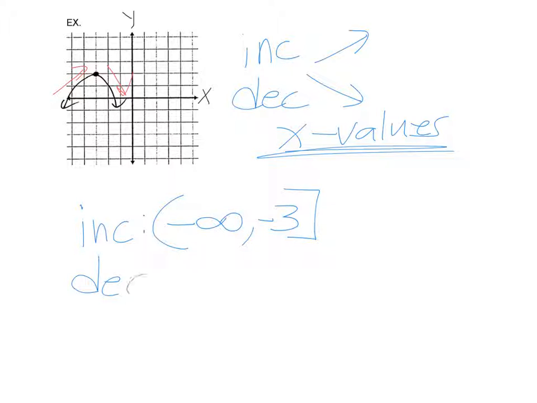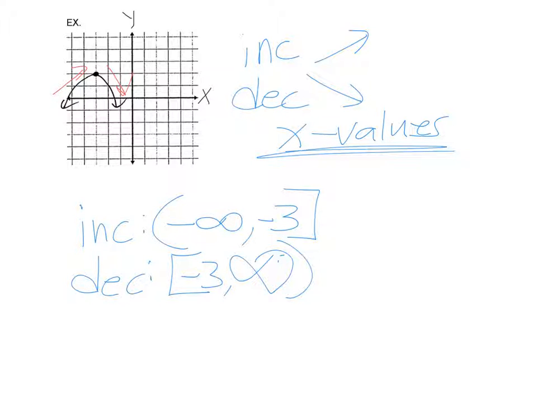Then it starts decreasing from the time it's -3 until forever to the right. Be careful. The graph is pointing down, and we think of down as -infinity, but that's a y value. We're only doing x values left and right. So since it's going to the right forever, then that's going to be +infinity.